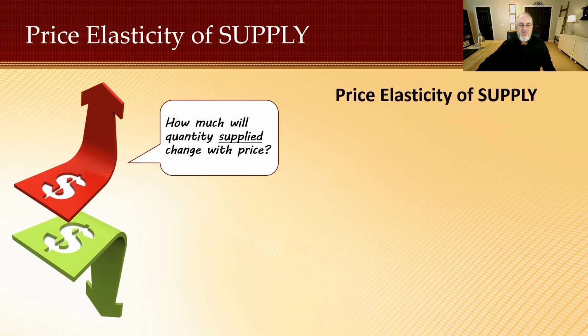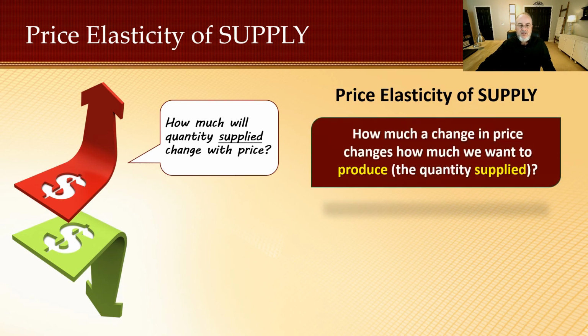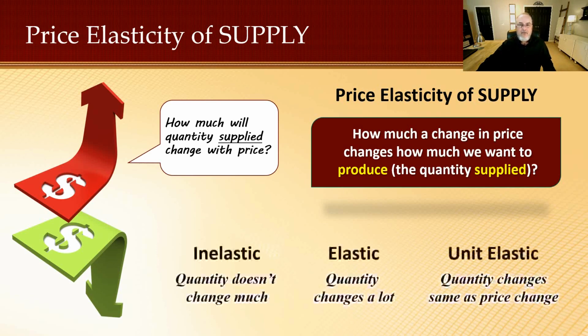So price elasticity of supply is how much a change in price changes how much we want to produce, not demand, but produce. That is the quantity supplied. And again, if it's inelastic, then it doesn't change much if I change the price. If it's elastic, it changes very quickly and a lot when I change the price. And if it's unit elastic, it moves together.